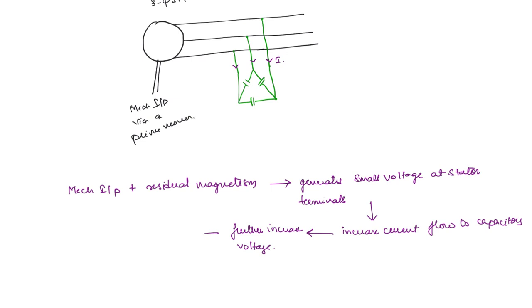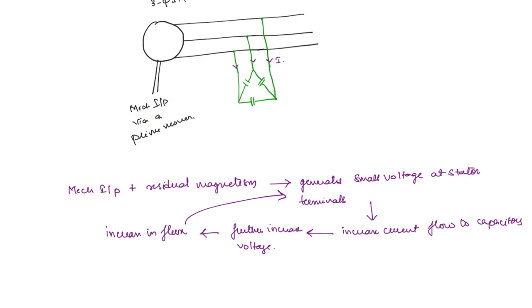And this increased voltage, what will it do? It will increase the magnetic flux. Once the magnetic flux is increased, again the same cycle will continue. It will generate more voltage, and then more voltage will increase the current flow, and then further increase, and so on till the voltage is fully built up.